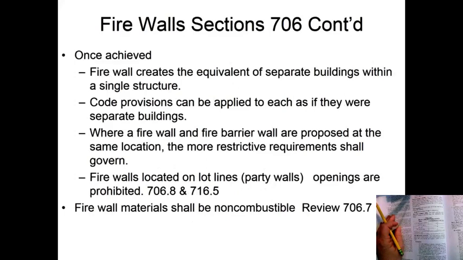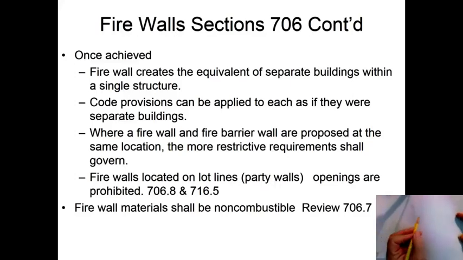Okay, continuing on that, firewalls create the equivalent of separate buildings within a single structure. So we might end up having a building here, and we want to separate, back to this little bitty drawing here, if I can get this focused a little bit. So we might end up creating a firewall horizontally or vertically, and this to be one building, and this may be another building.